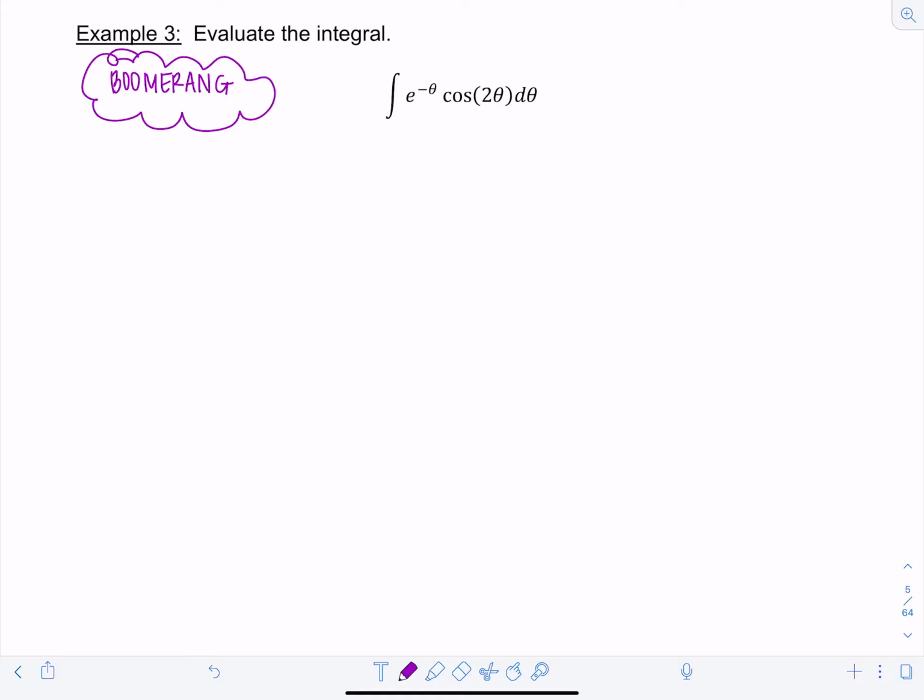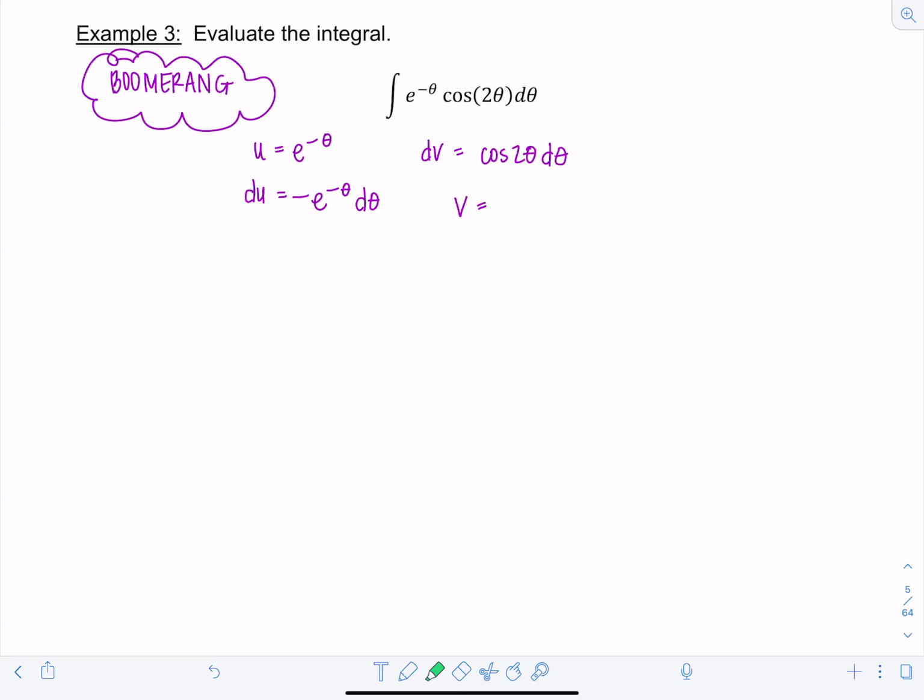So I'll just let u equal e to the negative theta, but you could just as easily set it up the other way, and dv is going to be cosine 2 theta d theta. Okay, so now let's find du. du is going to be negative e to the negative theta d theta. And then v, okay, come on, we're ready for this.